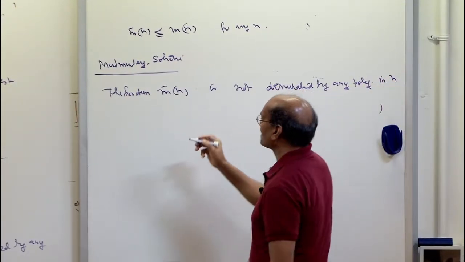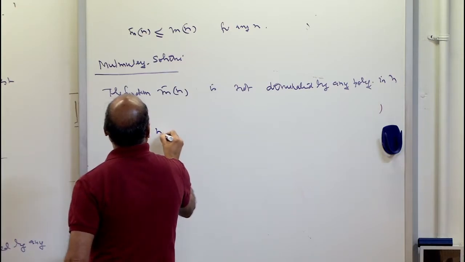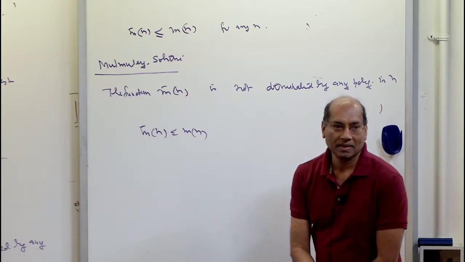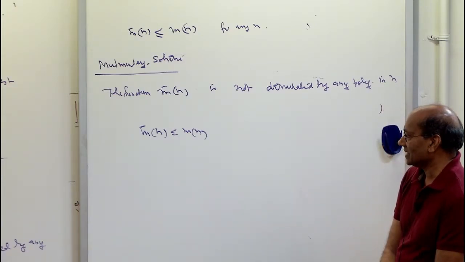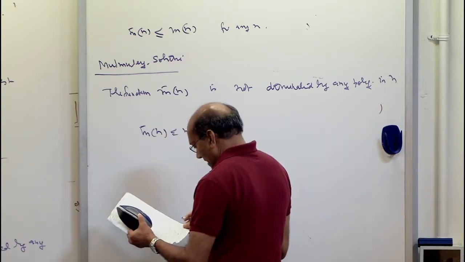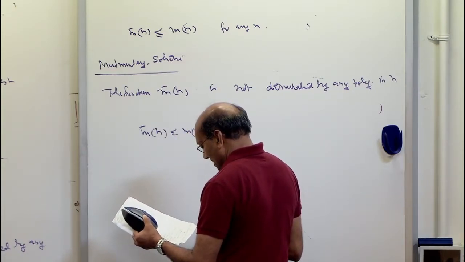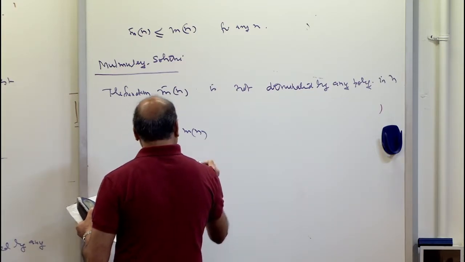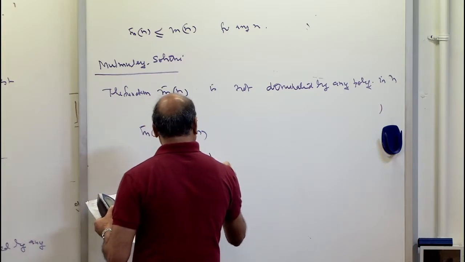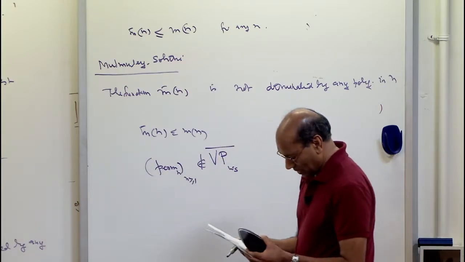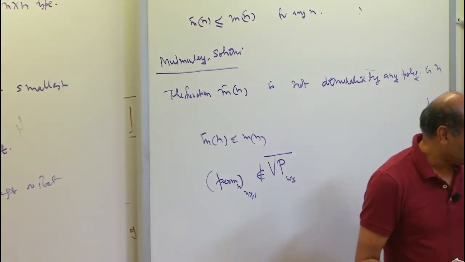And of course, since m bar n is less than or equal to m_n, if you prove this conjecture, then you would have Valiant's conjecture immediately. And again for the computer scientists, this means that perm n, n bigger than or equal to 1, does not belong to this class VP_ws bar. But nobody will ask me what it means.